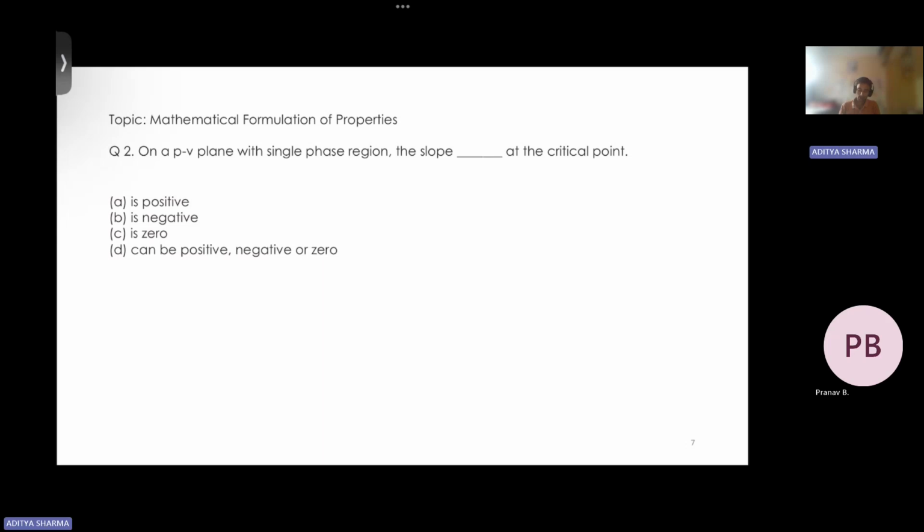So again, this question is on PV plane and then single phase region, right? That is for all the isotherms above the critical point isotherm. And then the slope is either positive, negative, zero, or it can be anything.